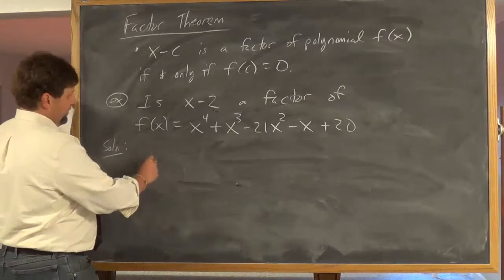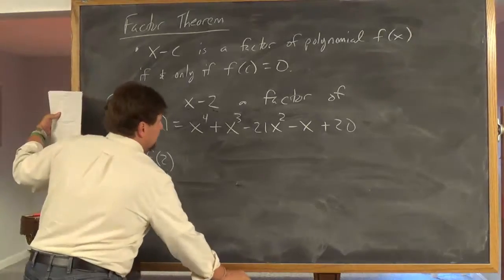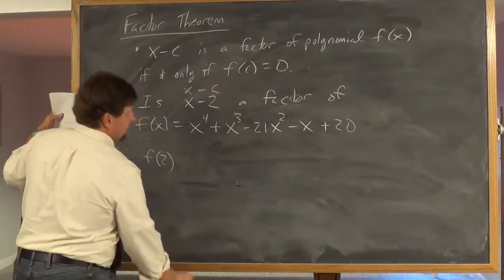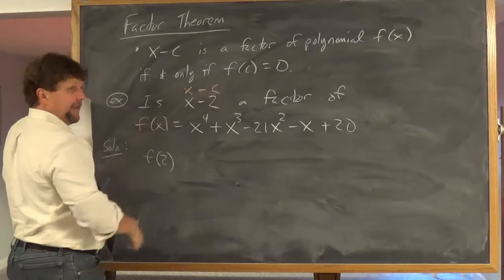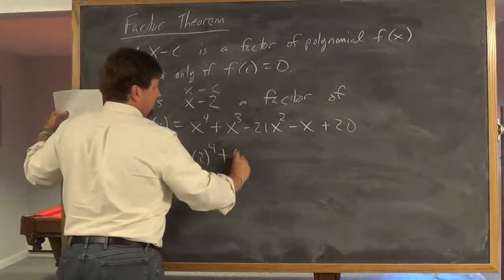So let's go ahead and evaluate the function at 2. Keep in mind, the general form is x minus c. So x minus 2, c has a value of 2. So we toss 2 in for the x's.